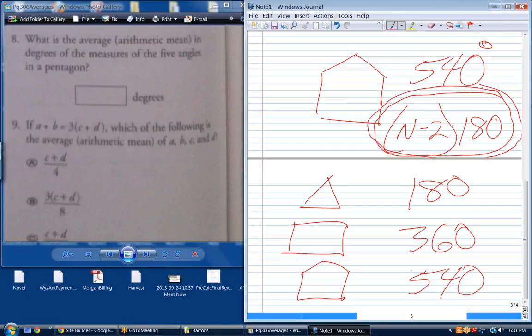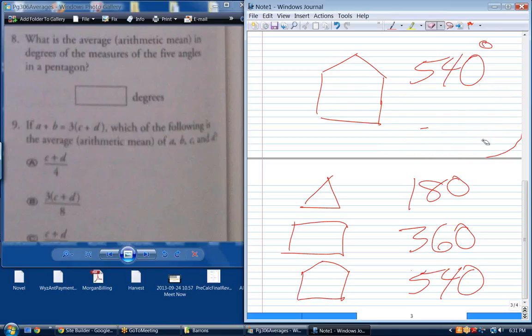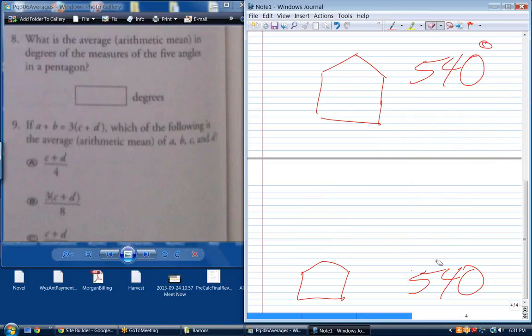If I said, what's the sum of a 22-sided figure, it would be 20 times 180, or 3,600 degrees in a 22-sided figure. Okay, so if the sum in this 5-sided figure is 540, what's the average angle? 108.